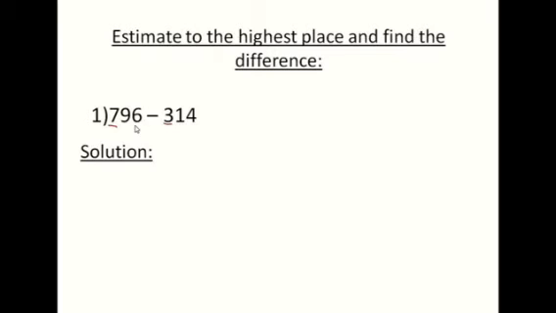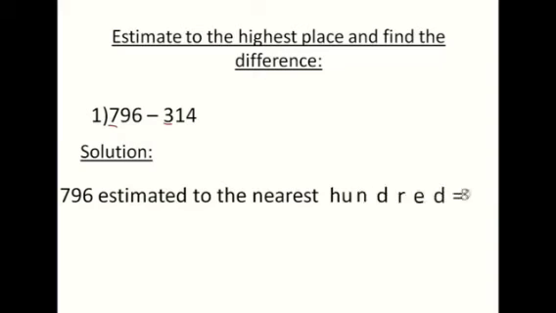How much will it be? In the tens place it is 9. So 9 is more than 5, so 1 will be added to 7. So 7 will become 8. 9 and 6 will be replaced by 0. So 796 will be estimated to the nearest 100 place as 800. Write it: 796 estimated to the nearest 100 place as 800.